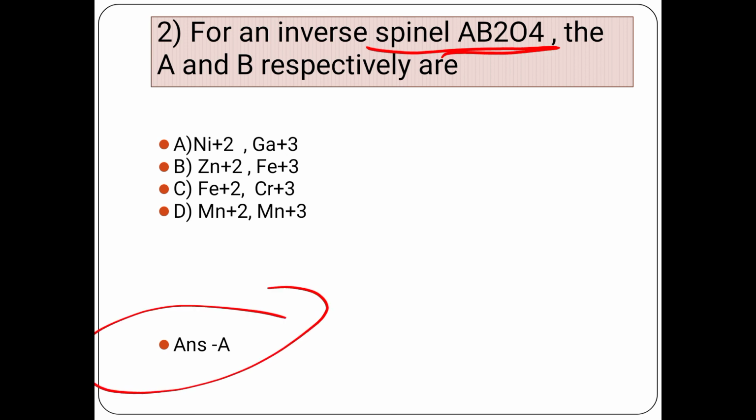I've given you the options, the correct answer is A. What you have to do is use the techniques that I've told you earlier. You need to make this particular structure AB2O4 an inverse spinel. So you use your CFSE method, you use your main group non-transitional transition method and find out what structure it belongs to. Your answer should be A.